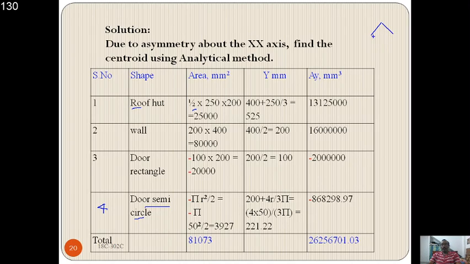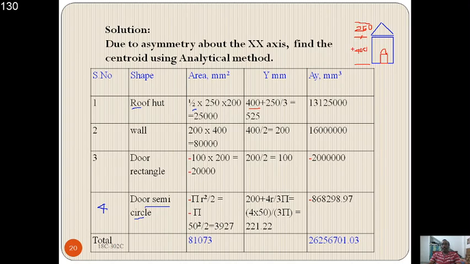This is a rough figure of the given hut that I am drawing for your convenience. This red portion has to be deducted. From this point it is 400, and beyond this point it is 250.